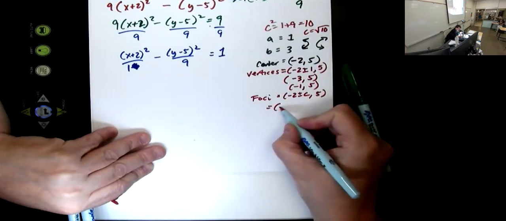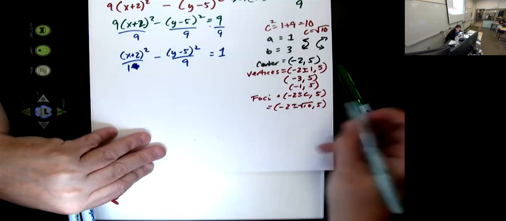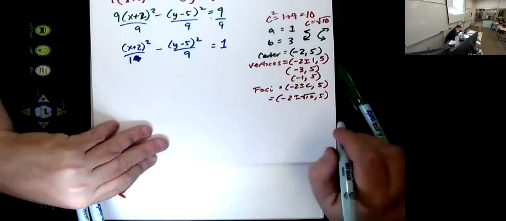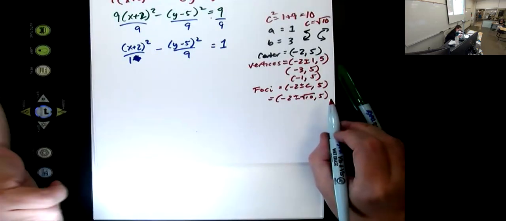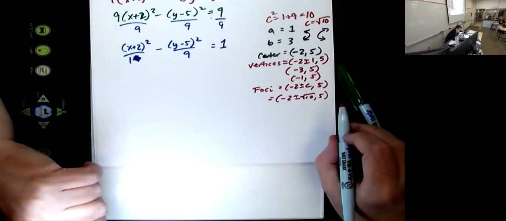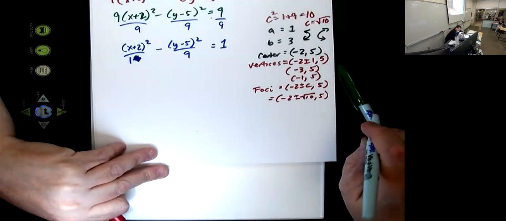So -2 plus or minus square root of 10, comma 5. That's about 3.16 maybe. But we know it's to the left or the right.